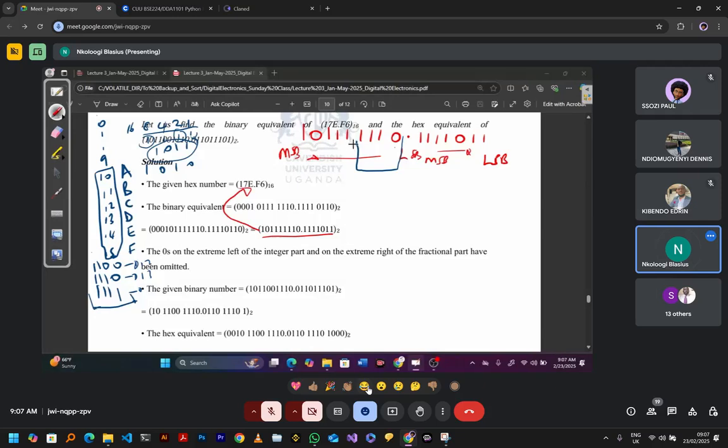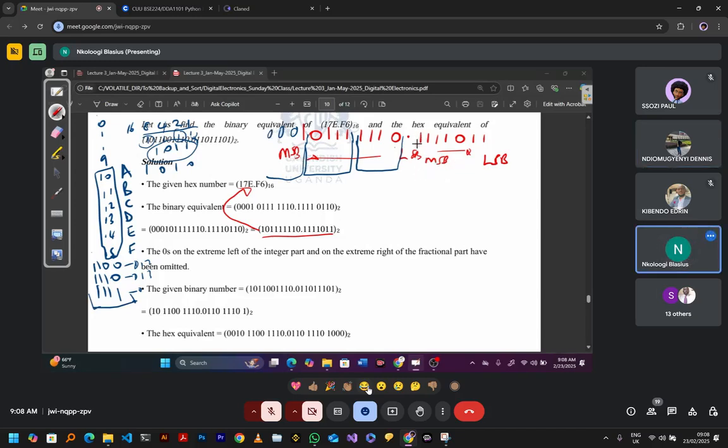The next group of 4 stops at what? At this 0. It means this one is lacking. The remaining one here is lacking some other 3 bits. We add 3 zeros on the left hand side.